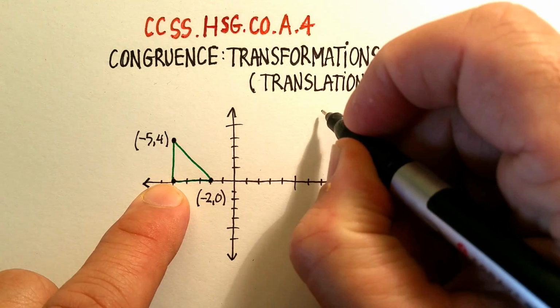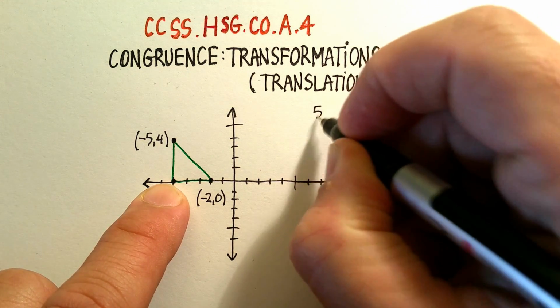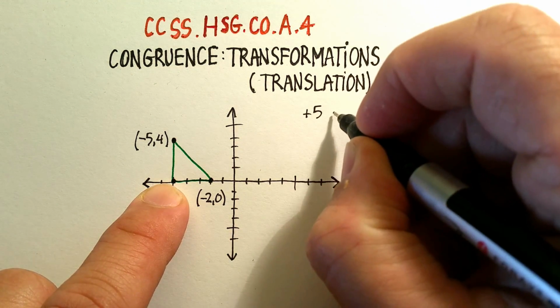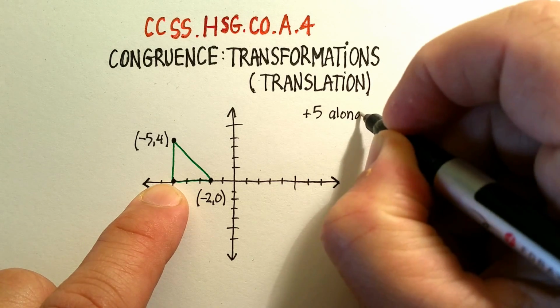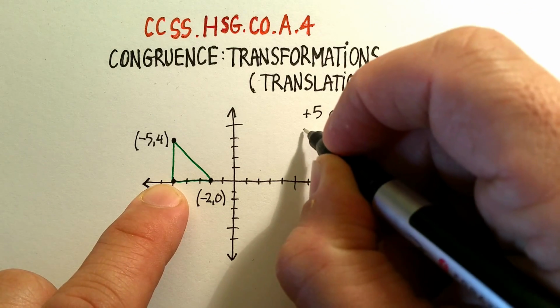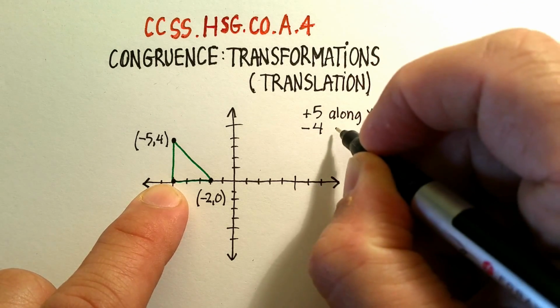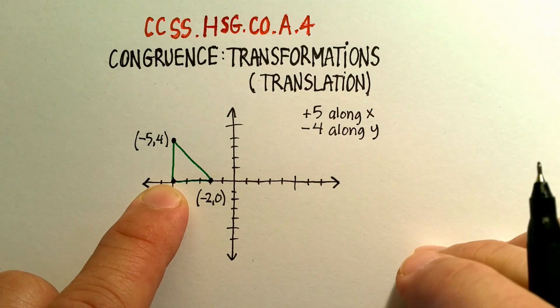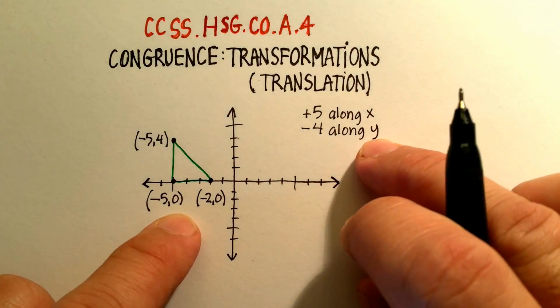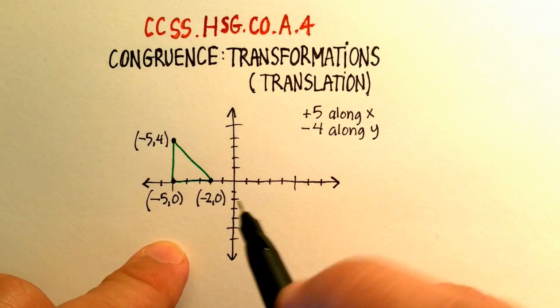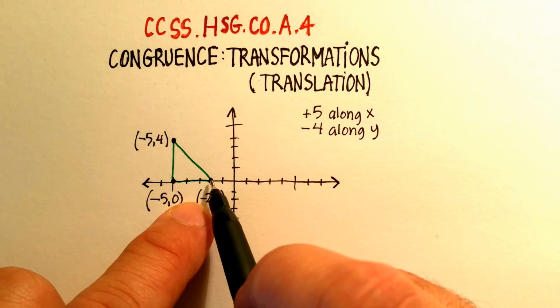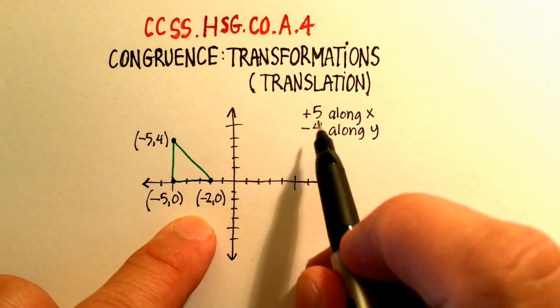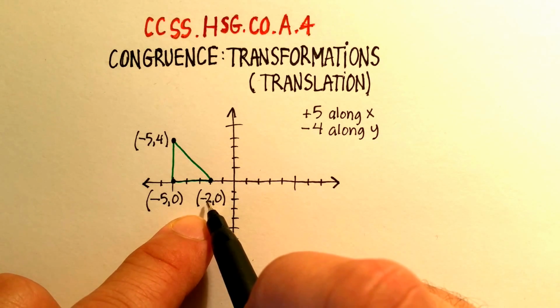And let's say I want to slide or translate this particular triangle. I want to go +5 along the x, and let's say I want to go -4 along the y. Now those instructions are pretty clear, right? So what I would do is take one of the points and add 5 to the x.